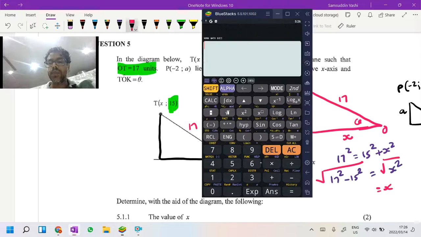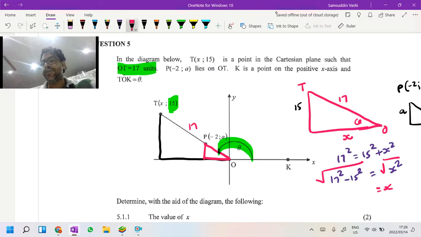So now let me use a calculator. It says the square root of 17 squared minus 15 squared. I can use the direct answer. So it says x equals 8. So x equals 8. If I look at the value of x equals 8, x is on the negative x-axis.